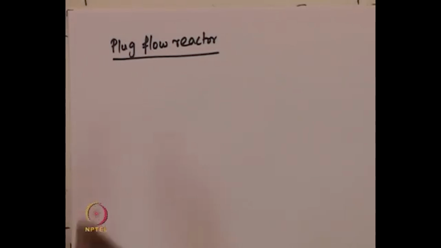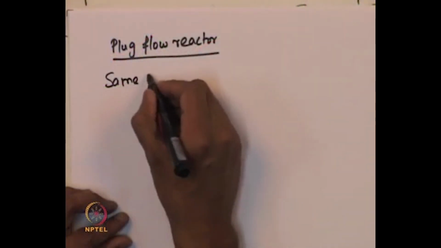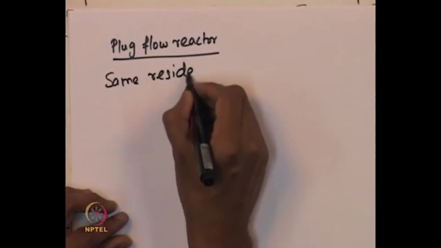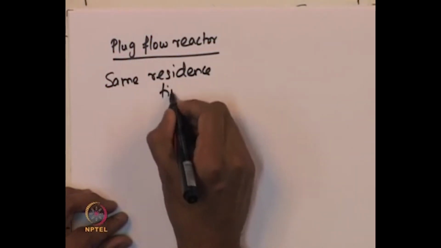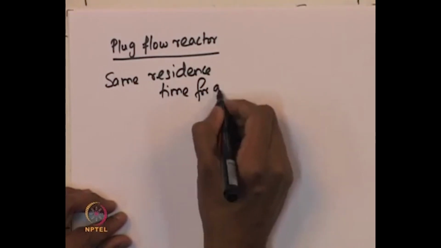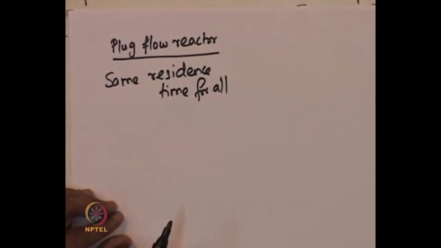All atoms or all molecules of the material entering the reactor will spend exactly the same amount of time before they leave the reactor, which means that all elements or all molecules of the material will have exactly the same residence time, the same residence time for all fluid elements entering and leaving the reactor.